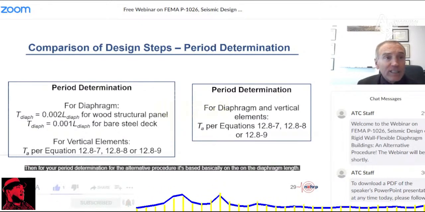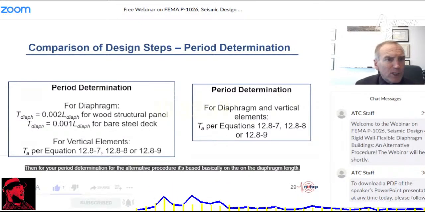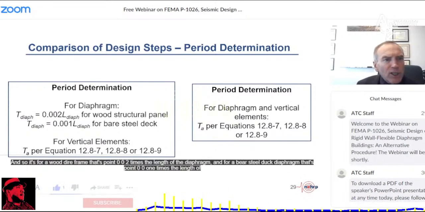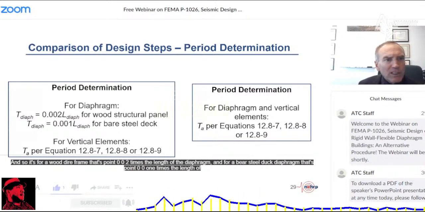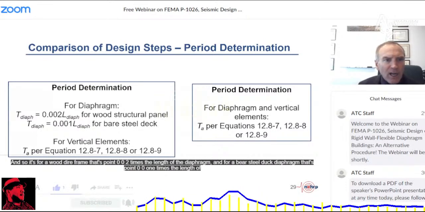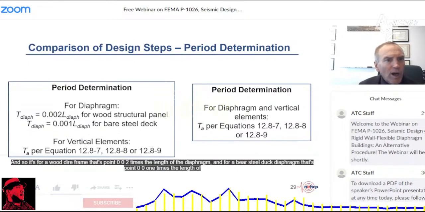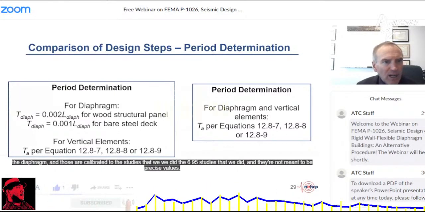Then for your period determination for the alternative procedure, it's based basically on the diaphragm length. For a wood diaphragm, that's 0.002 times the length of the diaphragm. And for a bare steel deck diaphragm, that's 0.001 times the length of the diaphragm.